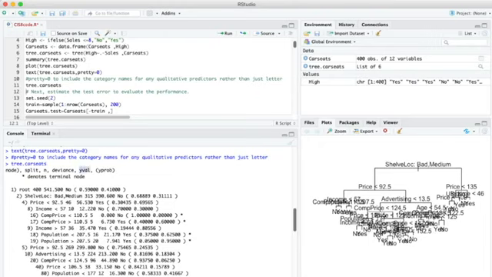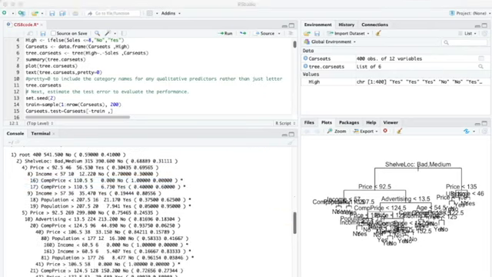Then you have the predicted response for the y variable, and the probability for the response variable. The star denotes a terminal node, for example the star for node 16 here, and this is another terminal node.